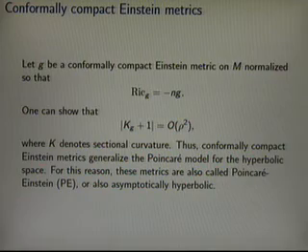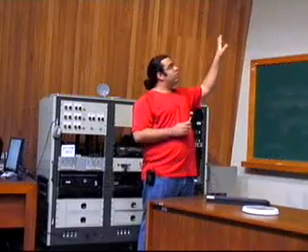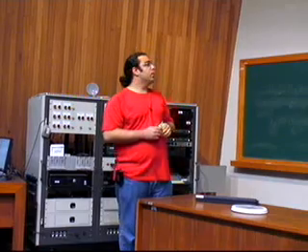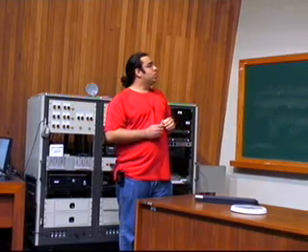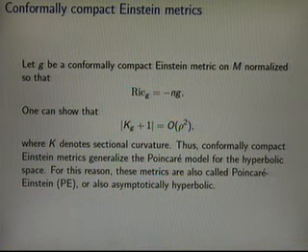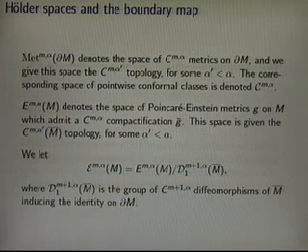So these metrics, the conformally compact Einstein metrics, generalize the Poincaré model for hyperbolic space. People also call these metrics Poincaré-Einstein or asymptotically hyperbolic. I like the Poincaré-Einstein name better, so I'm going to stick to it.